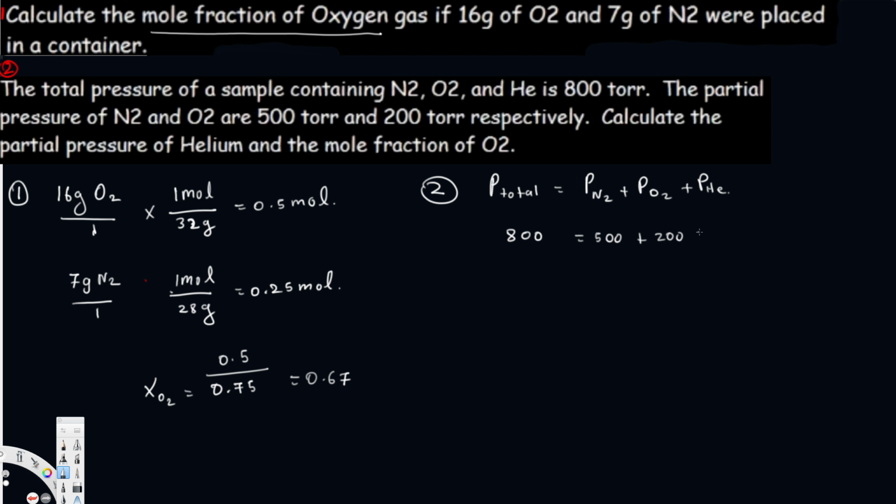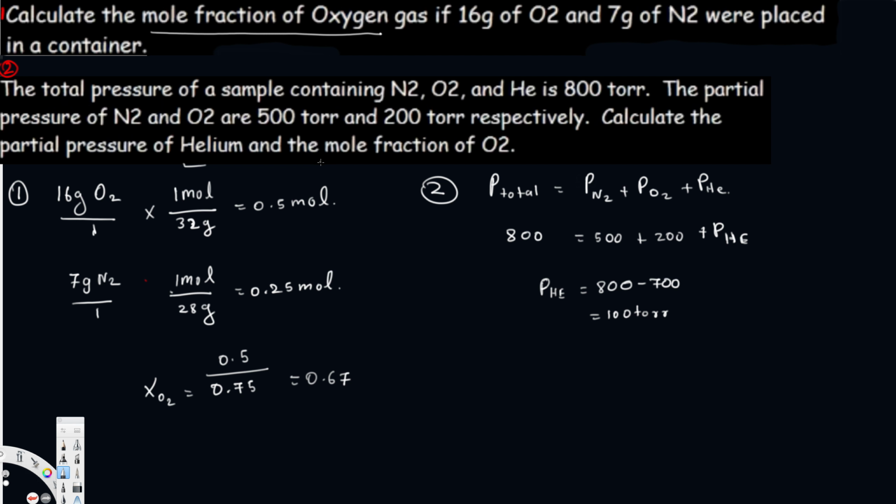Now it's very clear that the partial pressure of He is going to be, if you subtract these two from the total, the partial pressure of helium. So here we have 800. If you add them together, you will get 700, and the partial pressure of helium is going to be 800 minus 700, which is equal to 100 torr. And this is the partial pressure of helium. That answers the first part: calculate the partial pressure of helium.